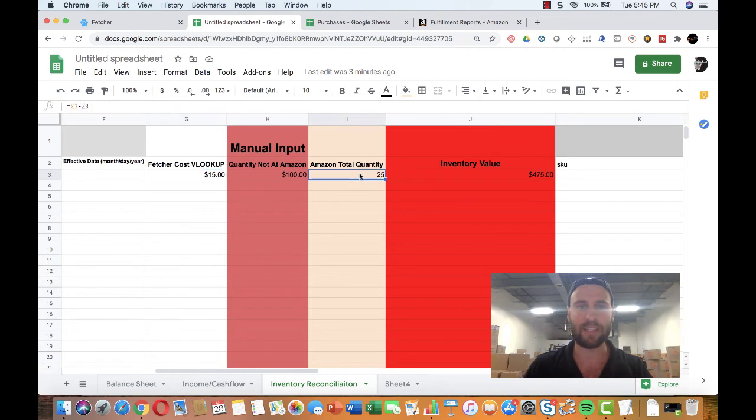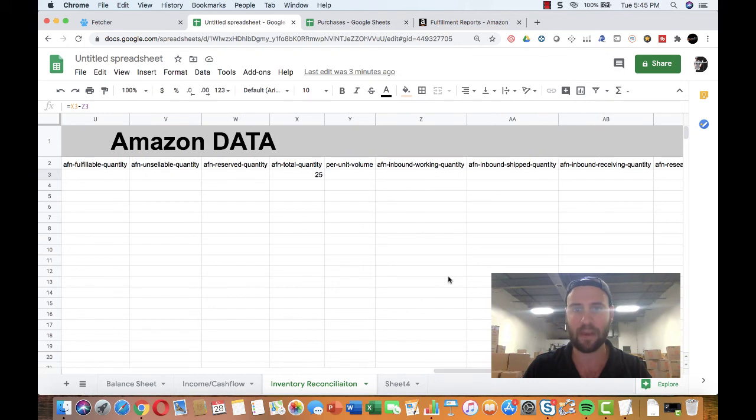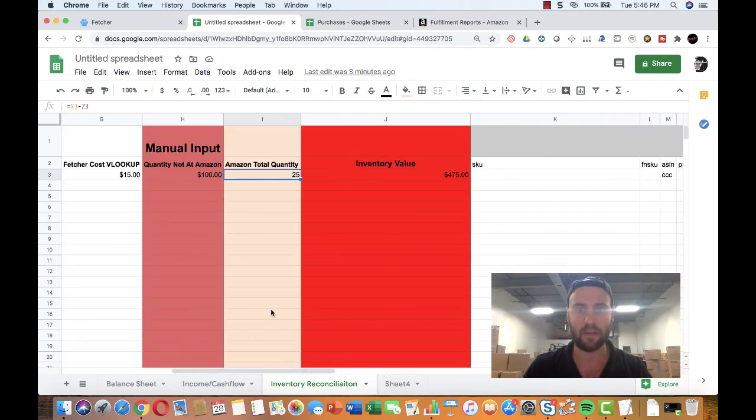And then right here, we have the total Amazon quantity, which is, if you take the AFN total quantity and you subtract from that the AFN inbound working quantity, so I'm subtracting column Z from column X, you can see that right here.